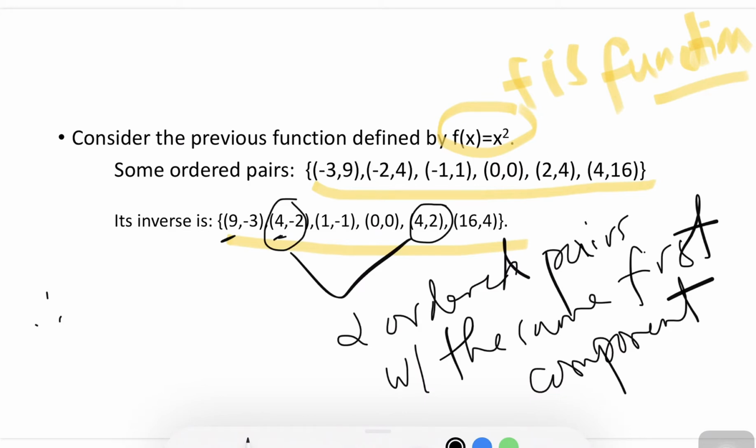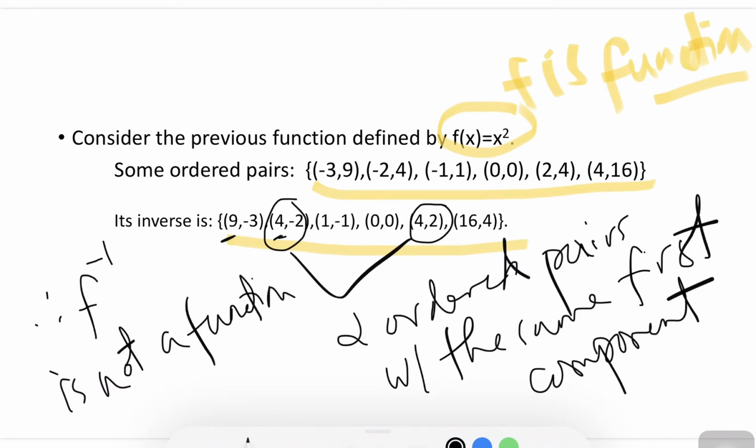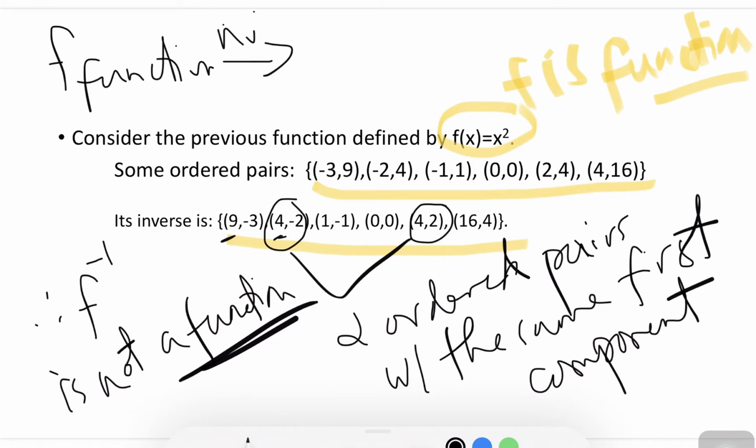So f inverse is not a function. So it is not always the case that if f is a function, then f inverse is a function.